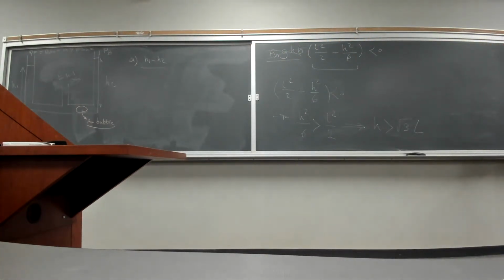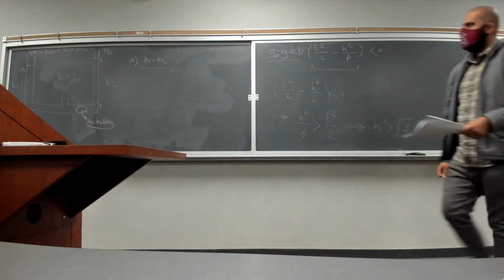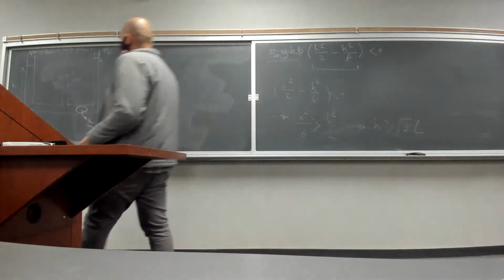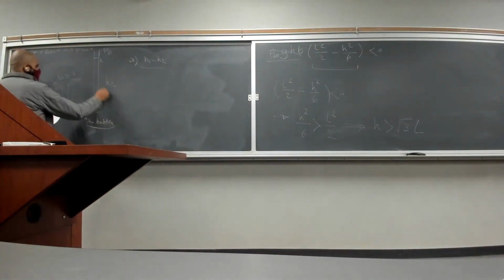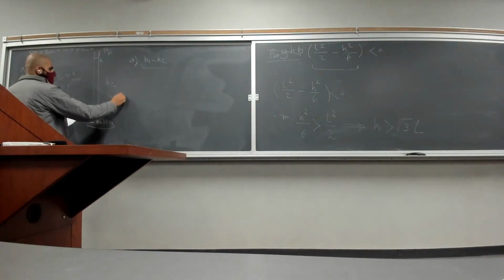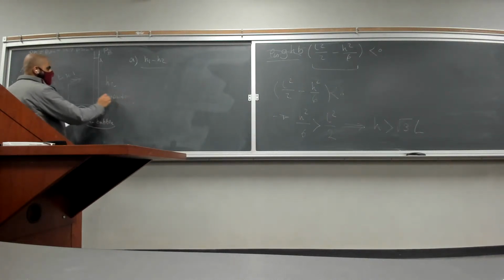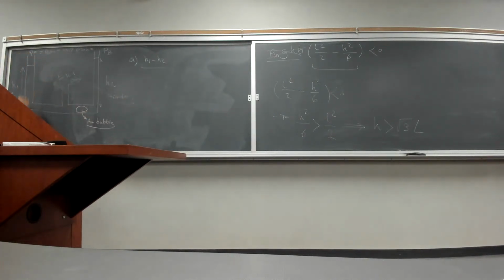Okay, so what should we do? The first thing we need to do is to find, and the working fluid here is water. It doesn't really matter, but the point is the working fluid, everything, everywhere is the same. And we have an air bubble stuck here.